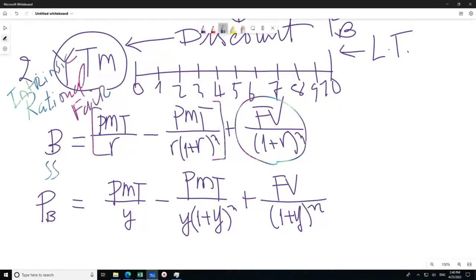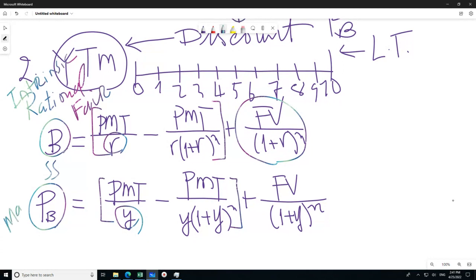Yeah, it's the same thing, but you can tell there's a difference. The difference is some symbols are different, right? And also B and PB. What's the difference? I told you already. This B is the rational price or intrinsic value or fair value, whereas PB is market price.